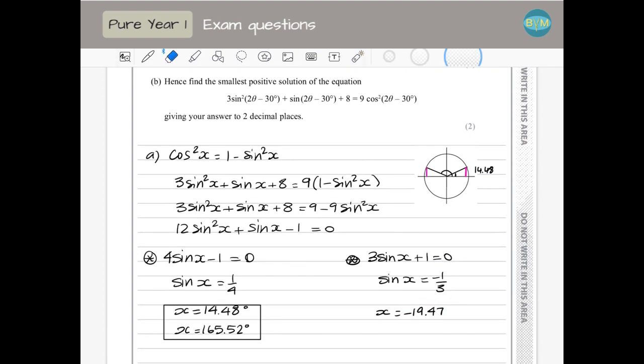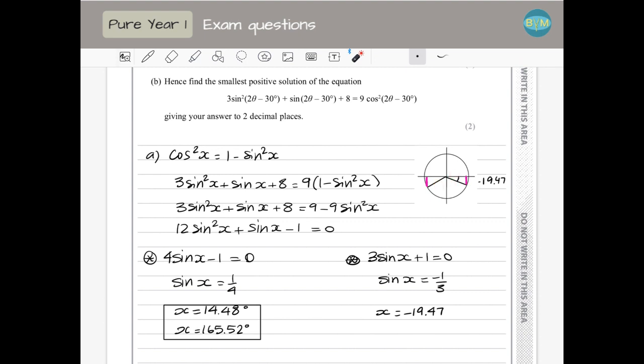I'm going to find another answer, so I'm going to use the circle again. This angle is minus 19.47, so it's this way. When I measure negative angles, I go clockwise. I need the same sine, so again, the symmetrical in the y-axis would have the same sine, but we need the negative angle.